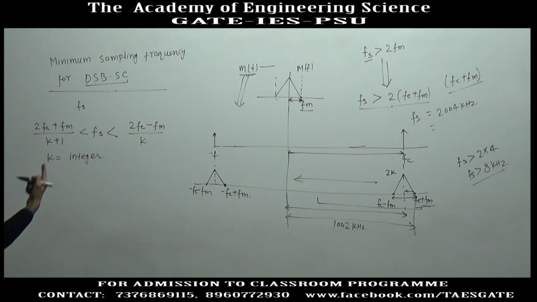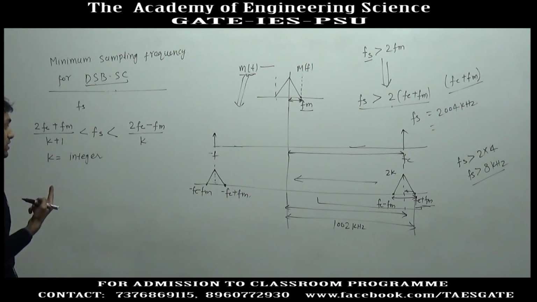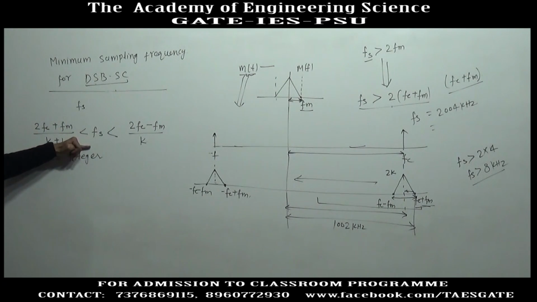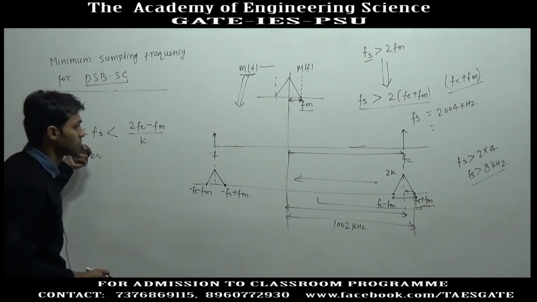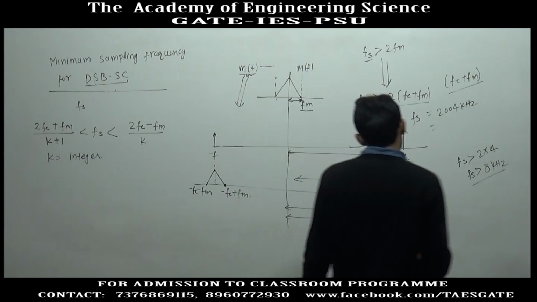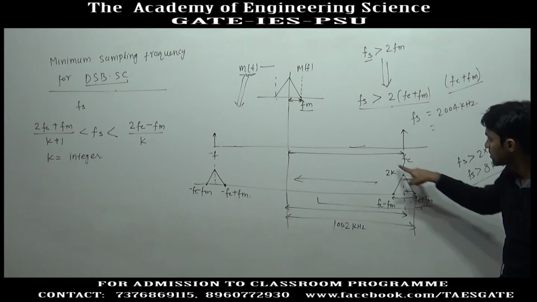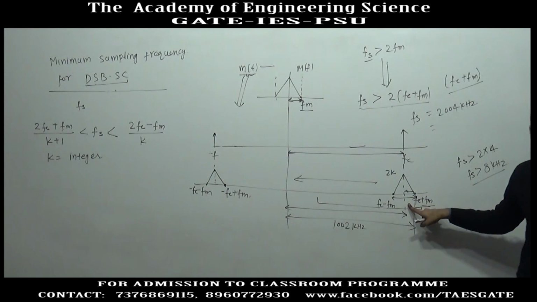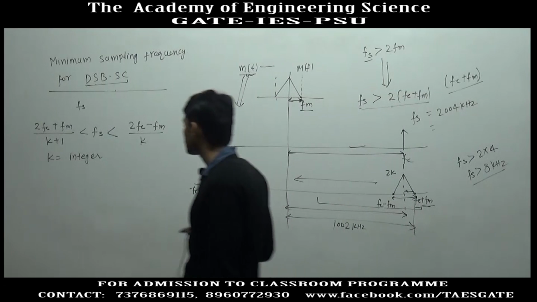We studied this formula in the second lecture of the sampling theorem, and we also did a numerical based on this formula. And using this formula, I am going to prove that for sampling a DSBSC which has a bandwidth of B, we need a minimum sampling frequency of 2B.